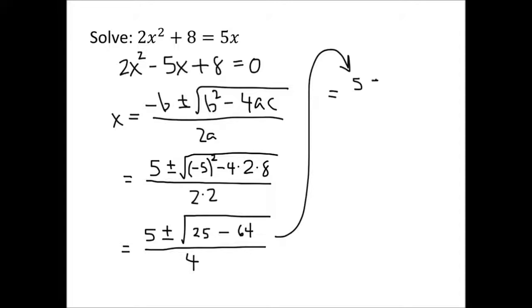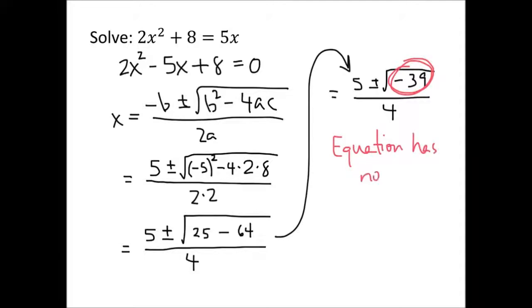If we simplify it, the answer is positive 5, positive or negative the square root of negative 39, over 4. So we realize that the root of this equation is not a real number or doesn't exist. So the equation has no solution.